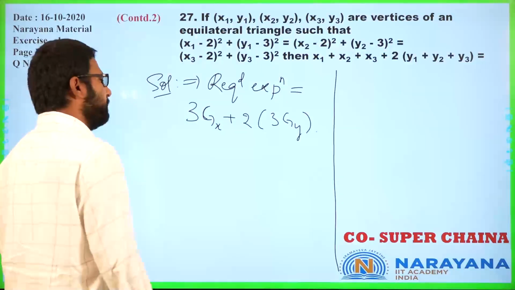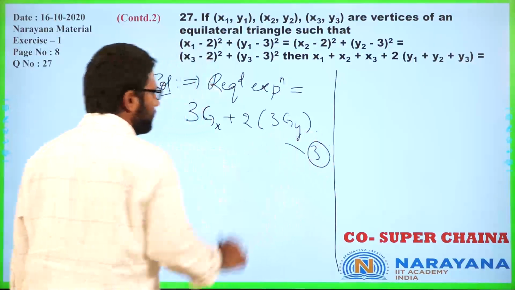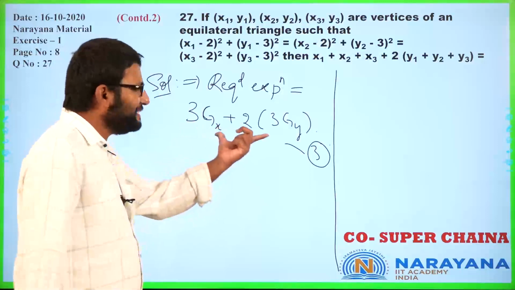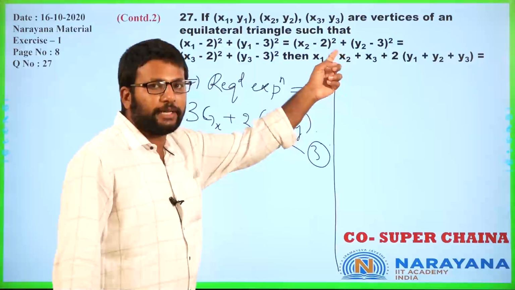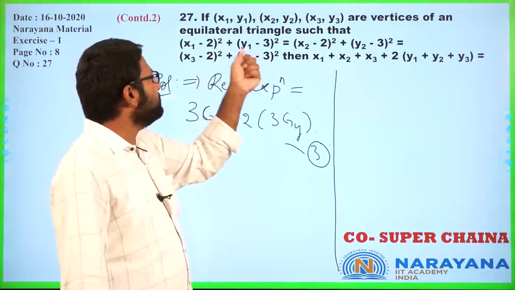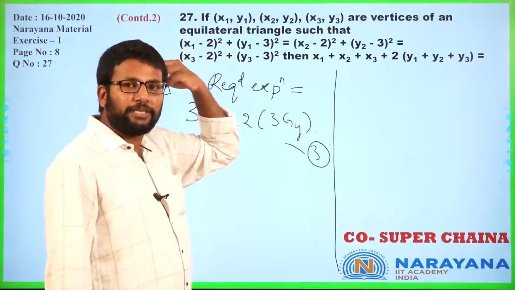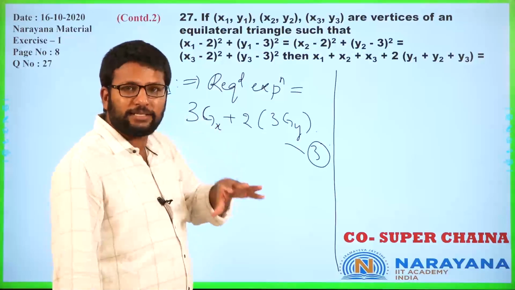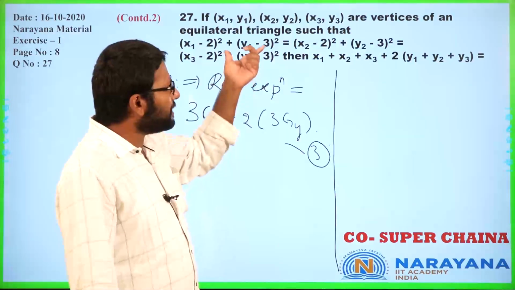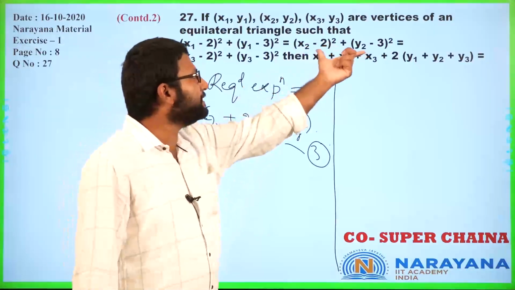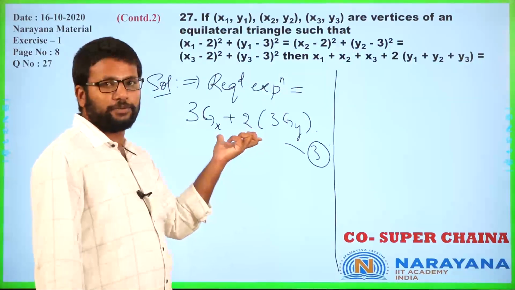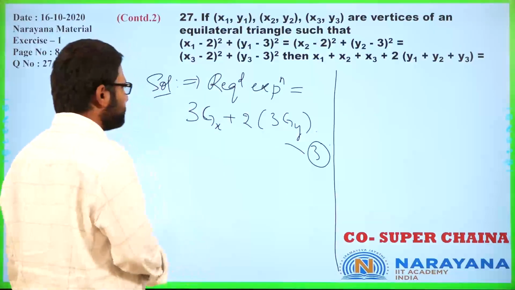Mark this as third. So now we need to know what Gx and Gy are. We don't know them, but we do know that this is an equilateral triangle where the circumcenter is (2, 3). Because it's an equilateral triangle, all the centers coincide, so the circumcenter is the same as the centroid, which means Gx, Gy are basically 2 and 3. Let us write that down.